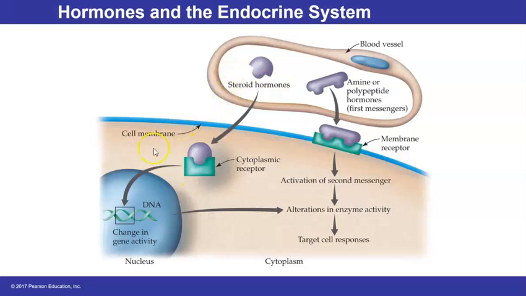So steroid hormones usually just come right through the membrane and find their receptor in the cytosol of the target cell. Polypeptide derivatives or amino acid derivatives are going to be received by a membrane receptor, something outside the cell, and then they're going to send a signal into the cell in another way. We're going to talk about this signaling mechanism over here.